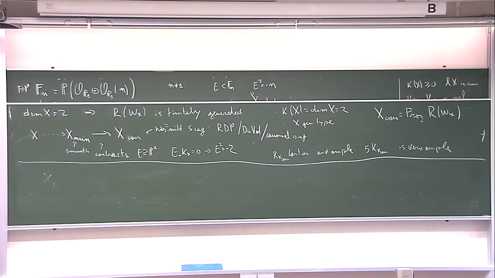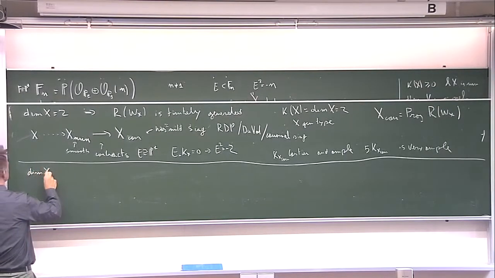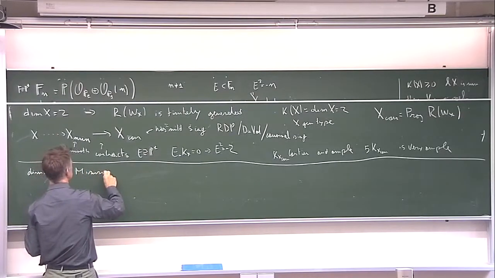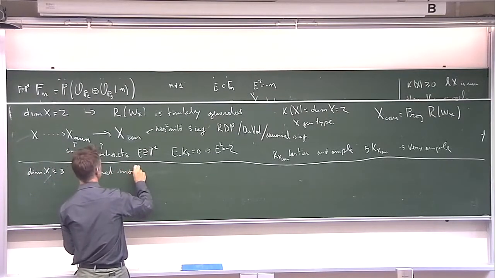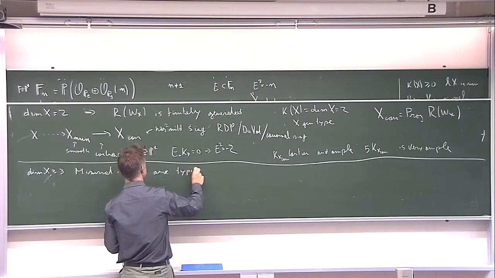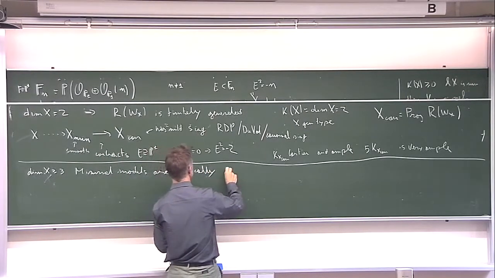Okay, so what's the easiest example? So let's say the dimension of X is greater or equal to 3. Minimal models are typically singular.